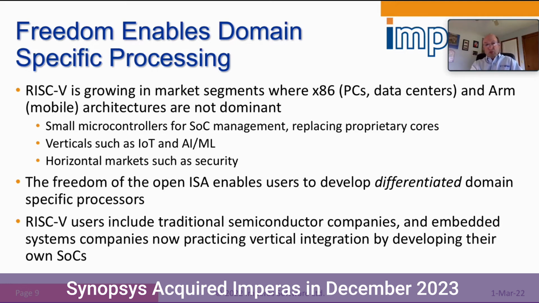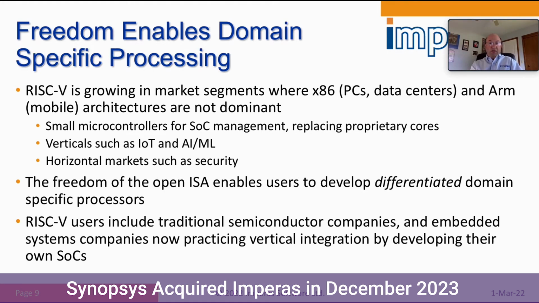But also, we're seeing RISC-V in horizontal markets that cut across these verticals. And security is probably the big one there, because security is needed across the board in these verticals. And RISC-V with the open architecture is actually ideal for security.